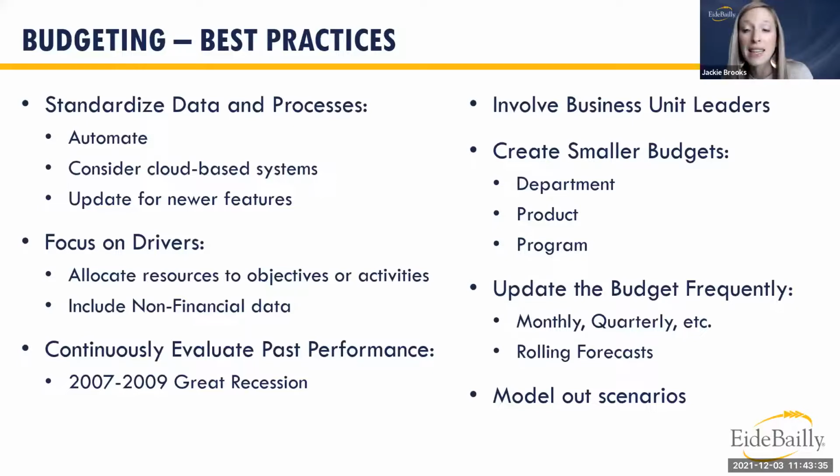You may find that there are some areas that really are serving your customers from the customer's perspective, and there might be some areas that are really struggling, and that will help you identify how you should allocate your resources. Third, continuously evaluate your past performance.